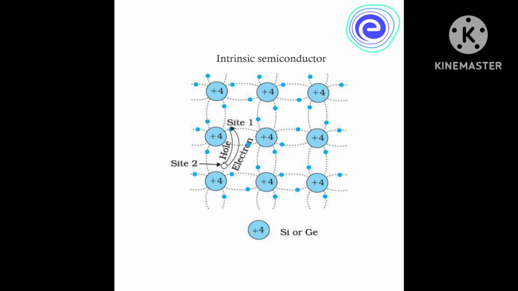Third example, you can understand, gallium and arsenic, GaAs. These are semiconductors, you already know, whatever I told, you should know the names of these elements; all are semiconductors.